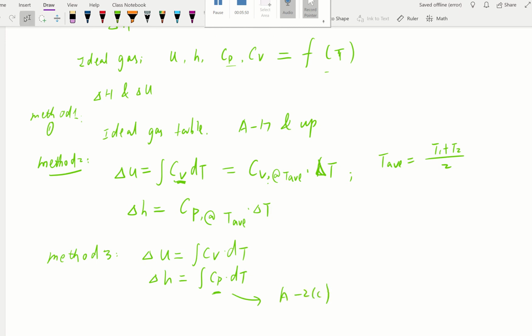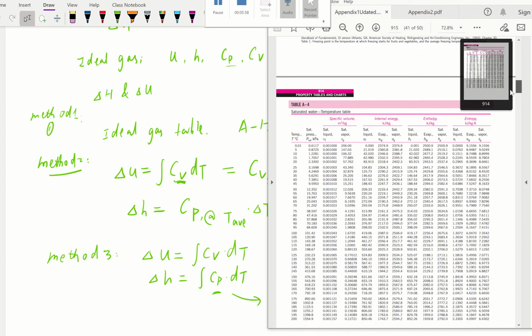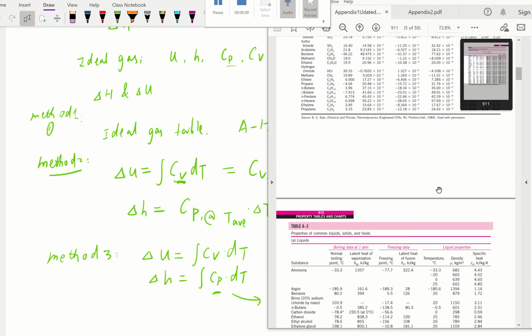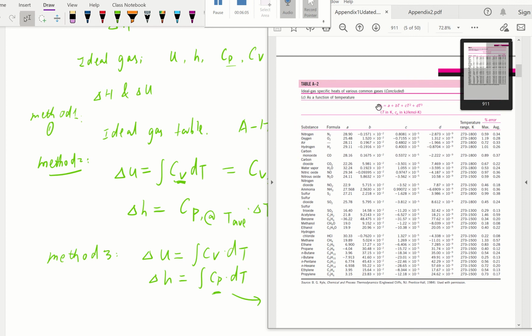Here I will show you what table A2C is. A2C tells us Cp bar, again per kilomole, and they have this polynomial equation with A, B, C, D, which are constants. You plug it in and do this very tedious integral, and then we can find it. Okay, so now this is the basics.